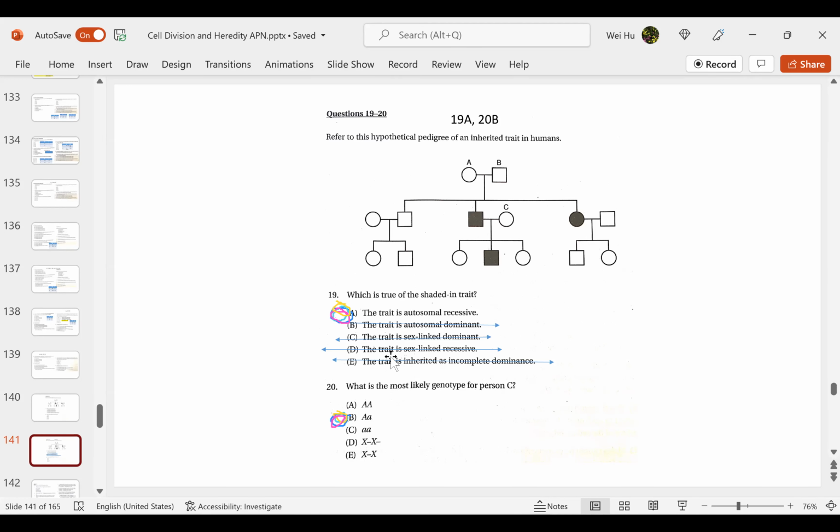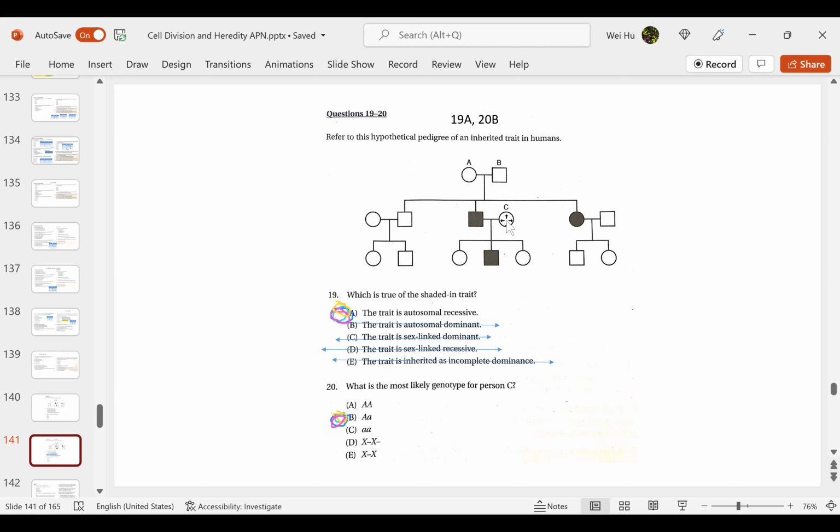Okay, so now you cross this one out, right? You cross out the sex-linked recessive disease options, right? You cross out B, C, and D. So E is impossible because this one only shows normal inheritance, not incomplete inheritance. So the answer is A. So let's say you already decide this is an autosomal recessive disease, then see C, which one is this one?